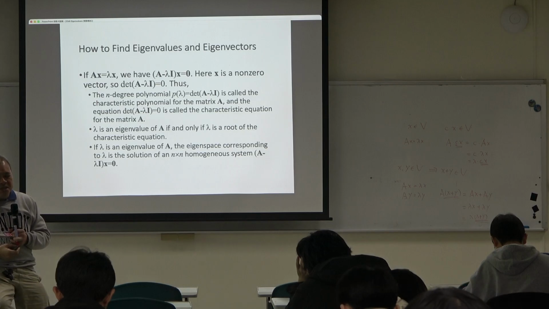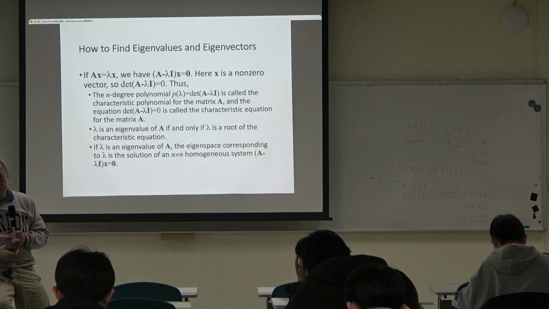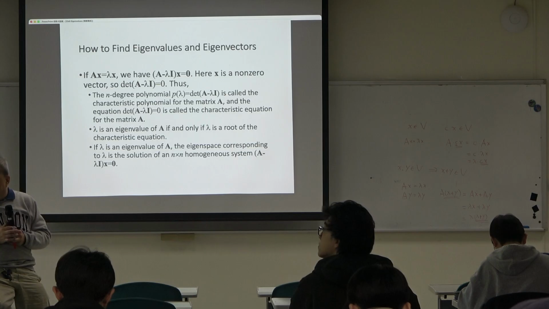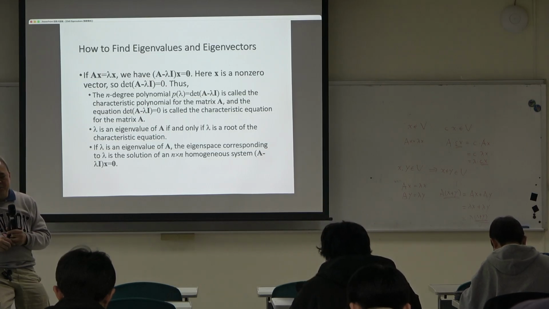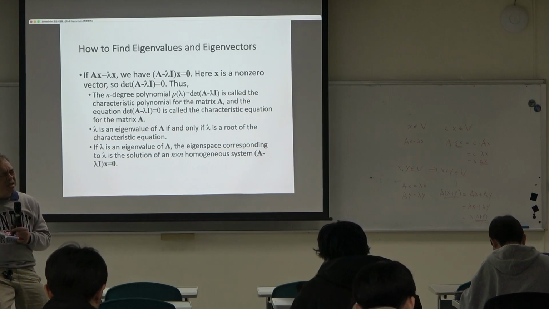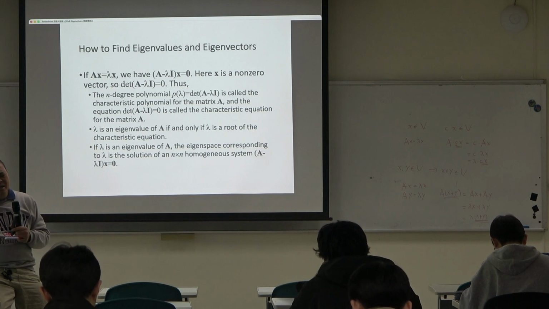When you try to solve this degree n polynomial to get its roots, how many roots can you get? You'll say, well, we will get a couple. The number of roots cannot be more than n. That's obvious.